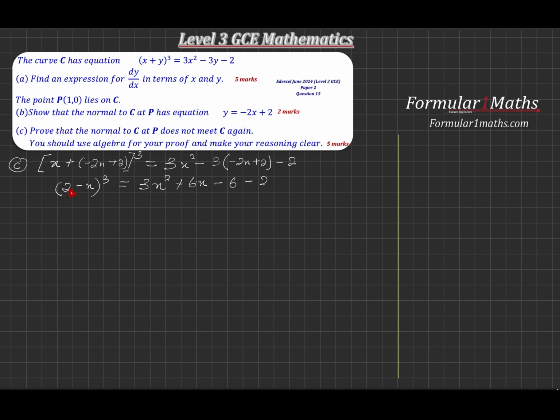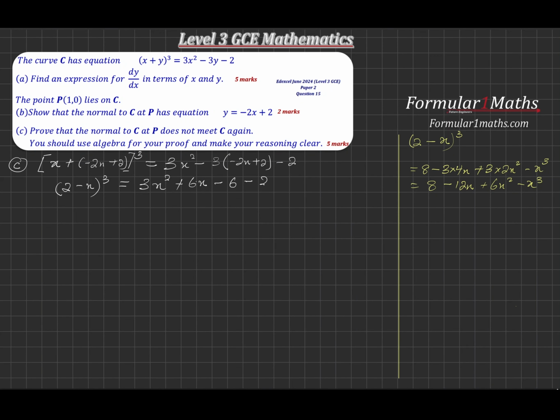So I'm now going to expand this using binomial expansion. If I do that, 2 minus x, all of that cubed, is equal to 8, which is 2 cubed, minus 3 times 4x plus 3 times 2x squared minus x cubed. If I simplify that, I'm going to get 8 minus 12x plus 6x squared minus x cubed.